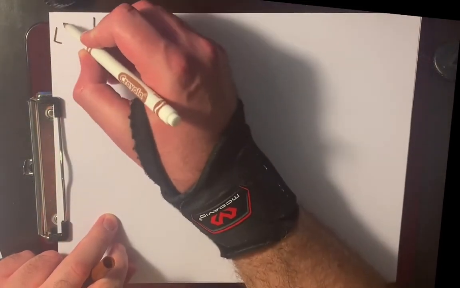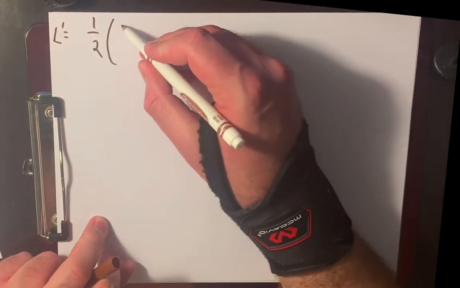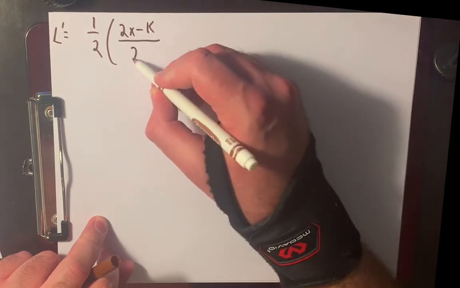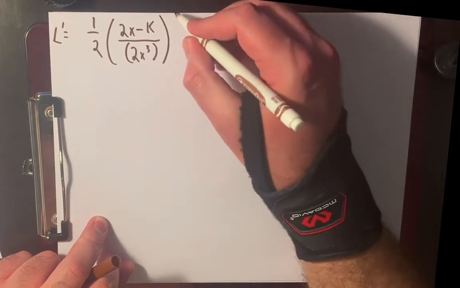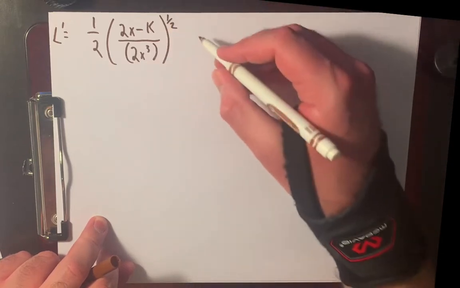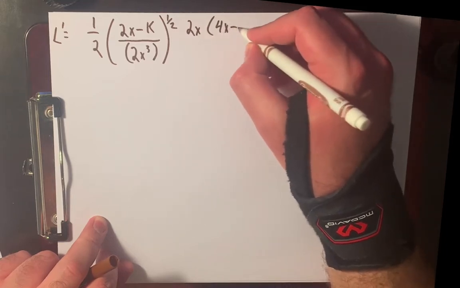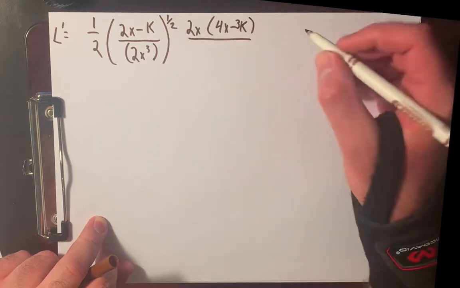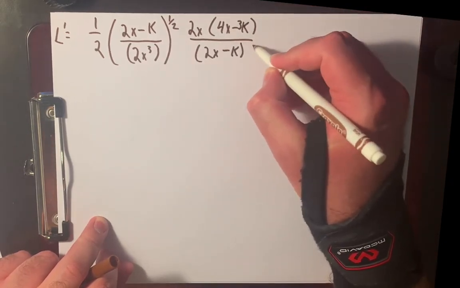And we're still saying that this is L prime. 1/2, 2x minus k over 2x to the third, I'll put that in its own parentheses there, to the 1/2, times 2x squared times 4x minus 3k over 2x minus k squared.